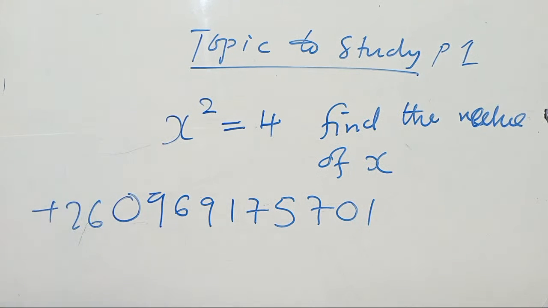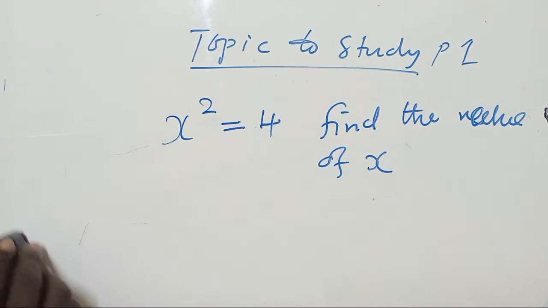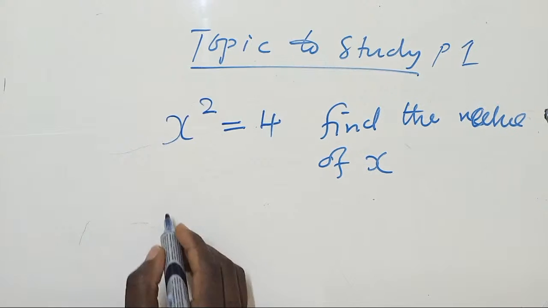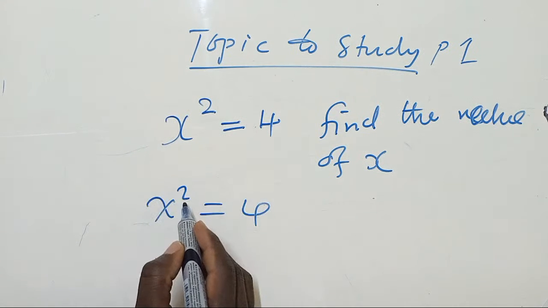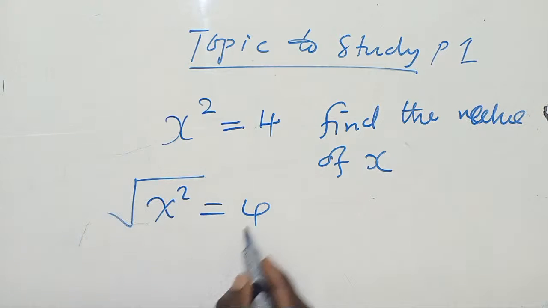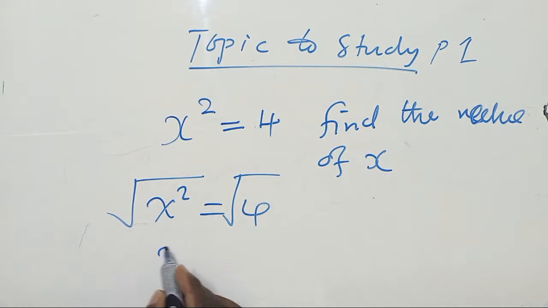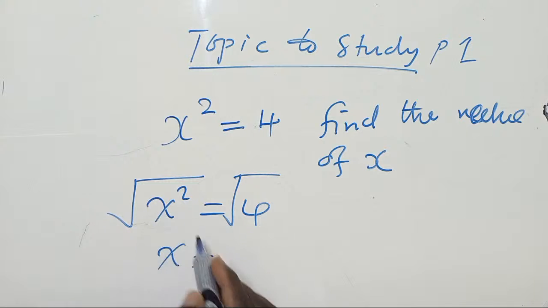So the solution here was x is equal to -2 or x is equal to 2. To those who found only x is equal to 2, I'm not giving you that chance because you didn't finish. It's -2 or +2. Let me show you how it works. You just apply the square root to both sides of this power.